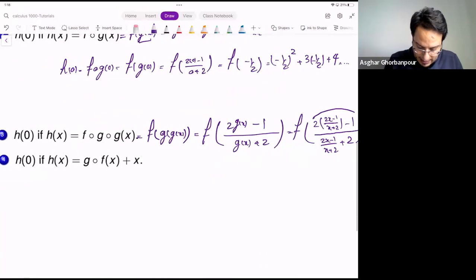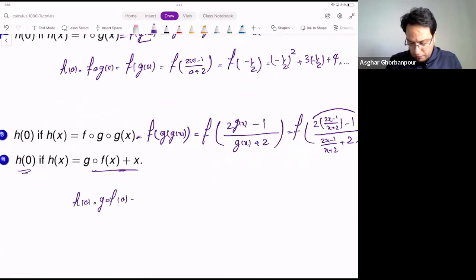How about this? I don't need to find the formula for that. I can just go ahead. h at 0 is g∘f at 0 plus 0. x is the function which sends x to x. It's called the identity function sometimes.